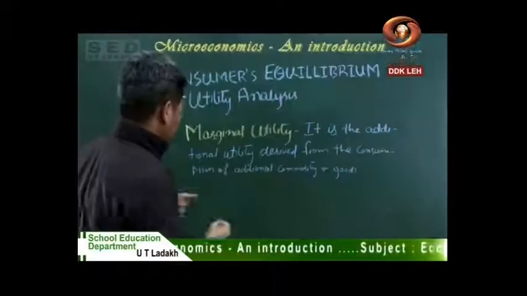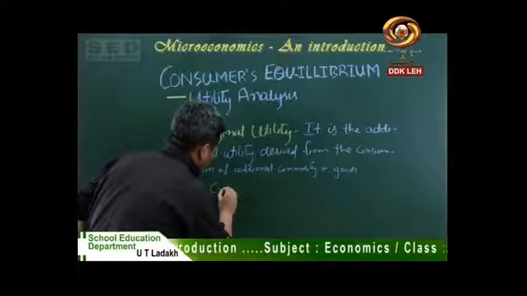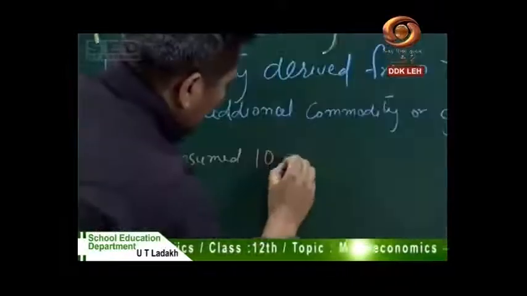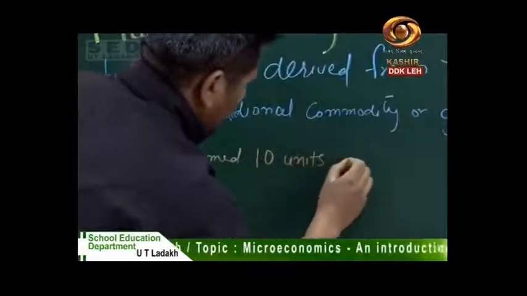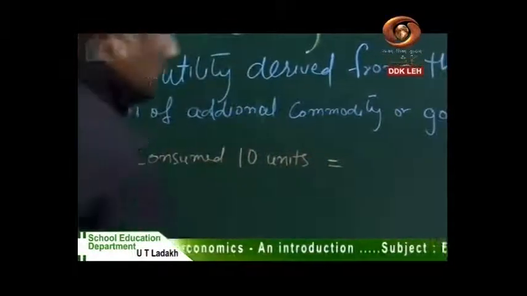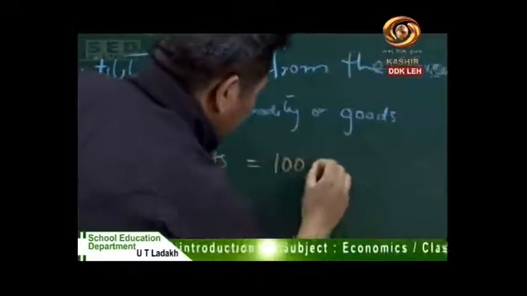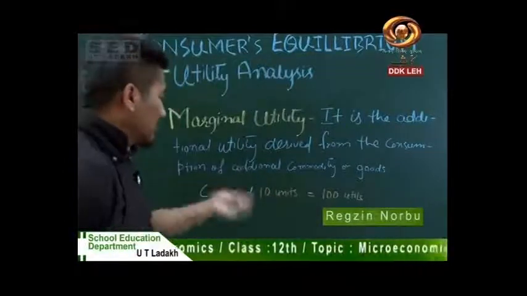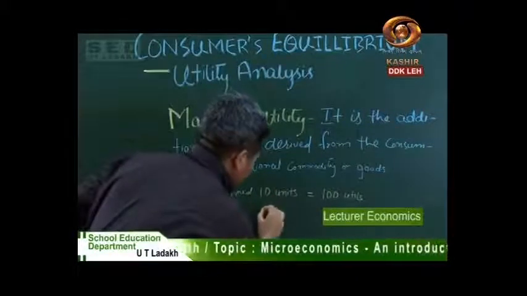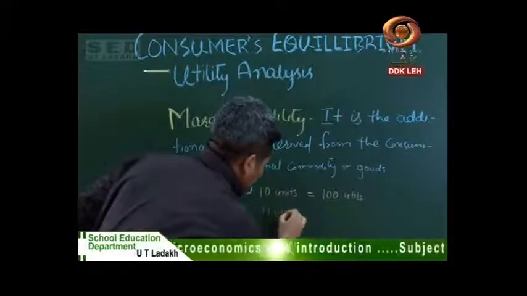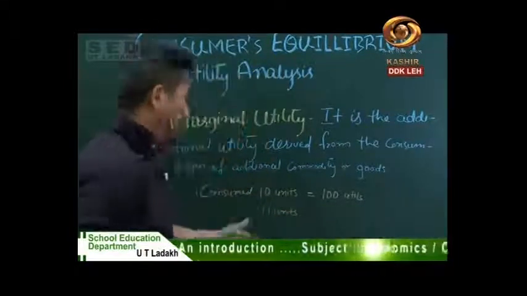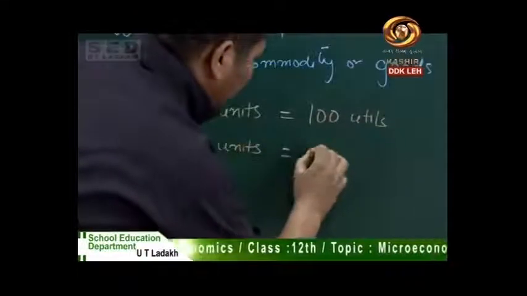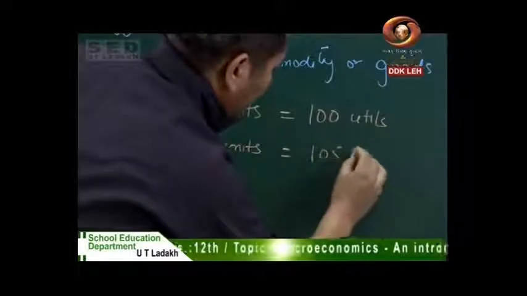For example, now you have consumed 10 units of a commodity and it yields you satisfaction, say equal to 100 utils. Now you consume one more unit, that will be the 11th unit, and after consuming the 11 units you will get satisfaction, say equal to 105 utils.